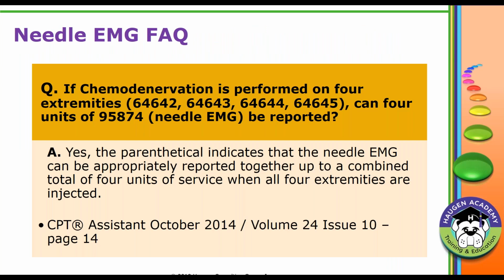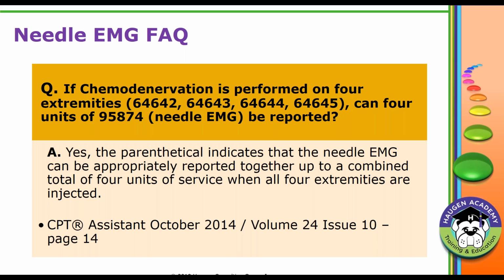This is a frequently asked question. We've seen this also in a lot of audits, and we get this question too. If chemodenervation is performed on 4 extremities, which it definitely is sometimes, so you would report 64642, 64643, 64644, 64645. Can 4 units of 95874 be reported?